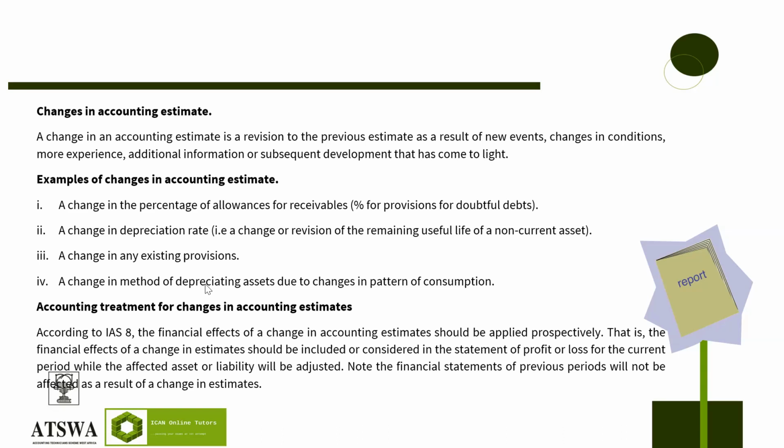So the major difference is that for retrospective adjustment, you go back and adjust through the opening balance of retained earnings, but for prospective, the correction occurs from the year it was identified and going forward.